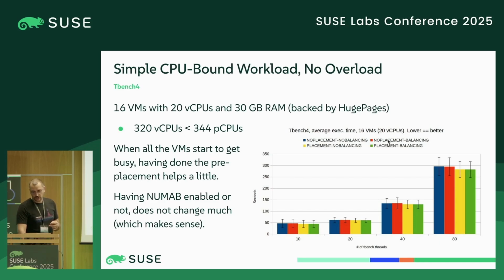Orange is no placement, but NUMA balancing is active. Then the yellow is placement via NUMAD replace, that's how we are calling it for now, but no NUMA balancing active. And green is both placement and balancing.